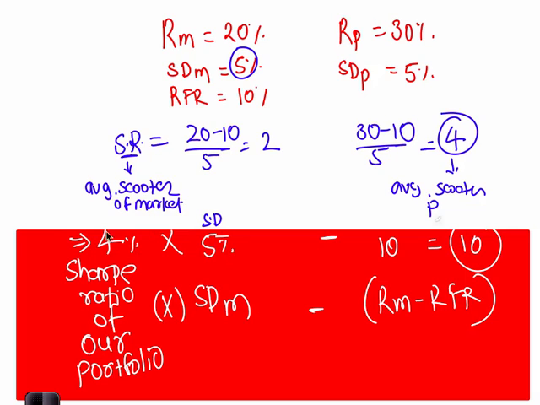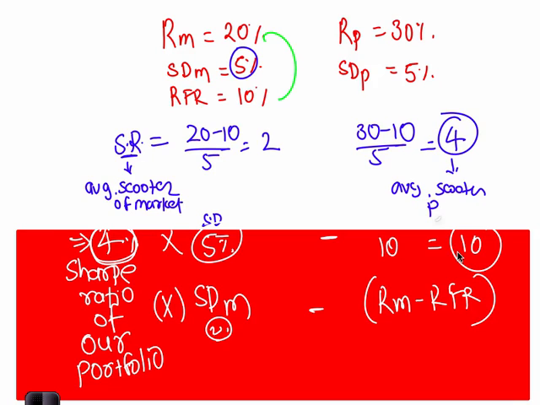And that's why I was saying that this is the mileage per liter and this is the petrol used. So mileage of our vehicle, our scooter, and the petrol used by market. That means with the efficiency that we have, how much returns market should have earned? 20%. But market could earn extra return of how much? Only 10%. That means we are 10% more efficient than market at 5% consumption of petrol or 5% standard deviation.